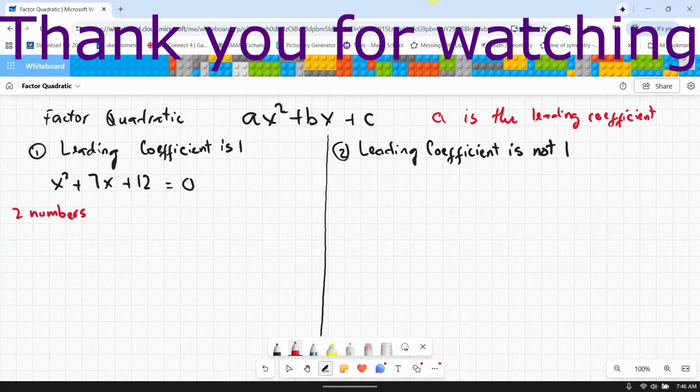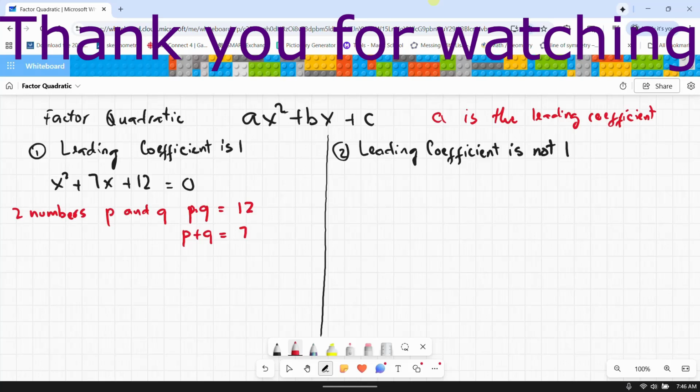Let's call those two numbers P and Q. When you multiply P and Q together, you need to get 12. And when you add P and Q, you need to get 7.